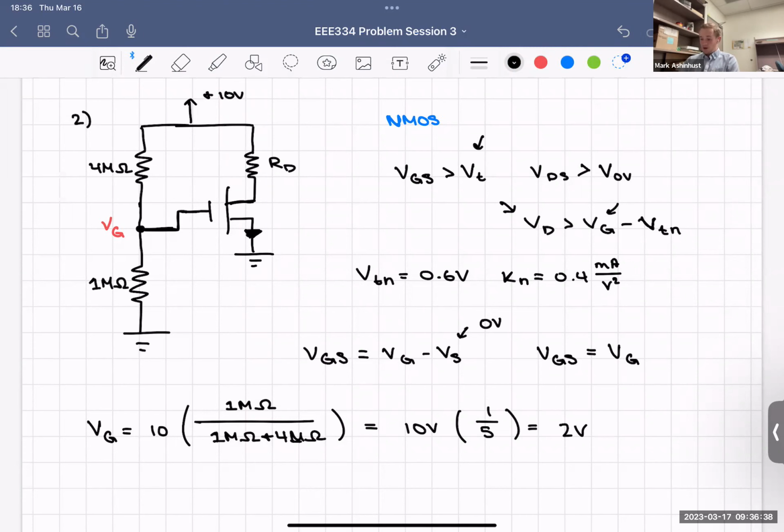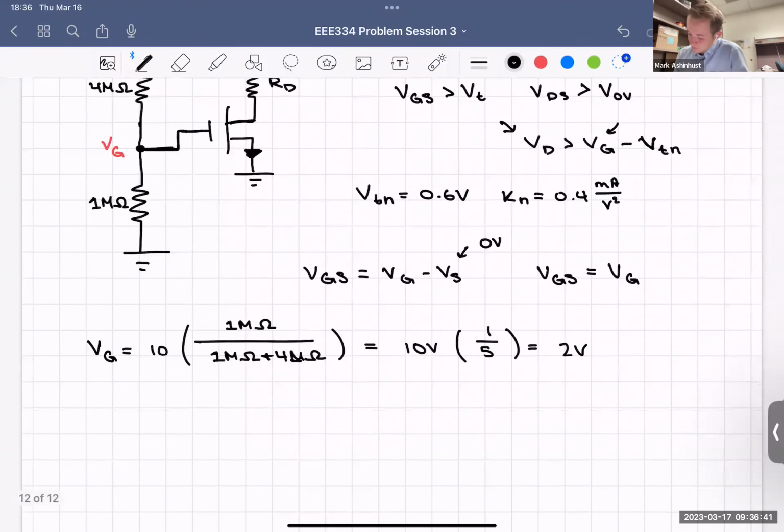That's really good, very helpful to know, because that means in order to be in saturation, VDS must be greater than VOV. So we have VOV is VGS minus VT. We've already concluded that VGS is equal to VG, and we know that VG is equal to 2 volts.